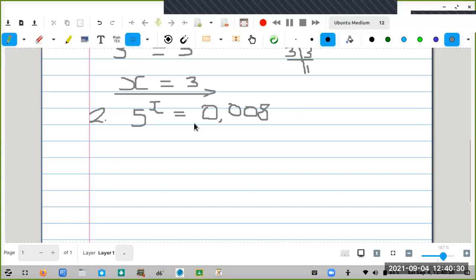Like I said earlier, the first step, I must make sure that the bases are exactly the same.